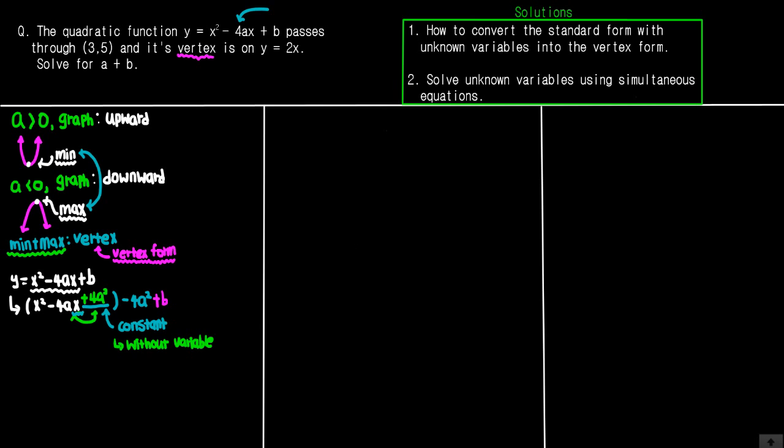So if we write our new quadratic function down again, it will be x squared minus 4ax, then plus 4a squared, and we still have negative 4a squared plus b, but I'll just change the order.